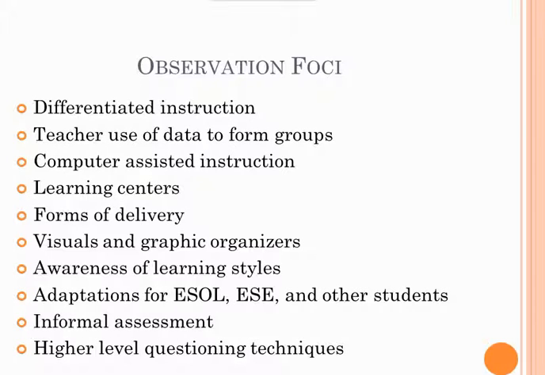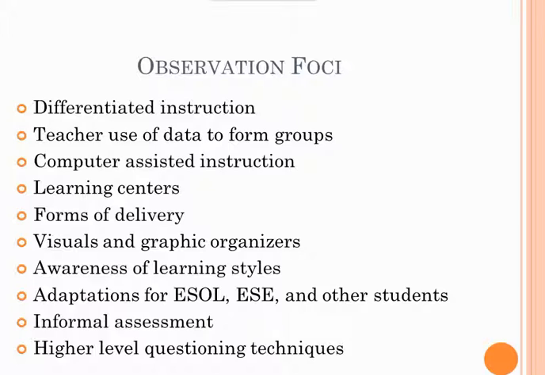You have a handout in your course, on the main page of your course, for your observation, and it identifies certain things that you should look for when you're doing your observation. You're going to look for differentiated instruction in the classrooms. You're going to look for the teacher use of data to form small groups. You're going to look for computer-assisted instruction. Please look for learning centers and for various forms of the delivery of instruction.